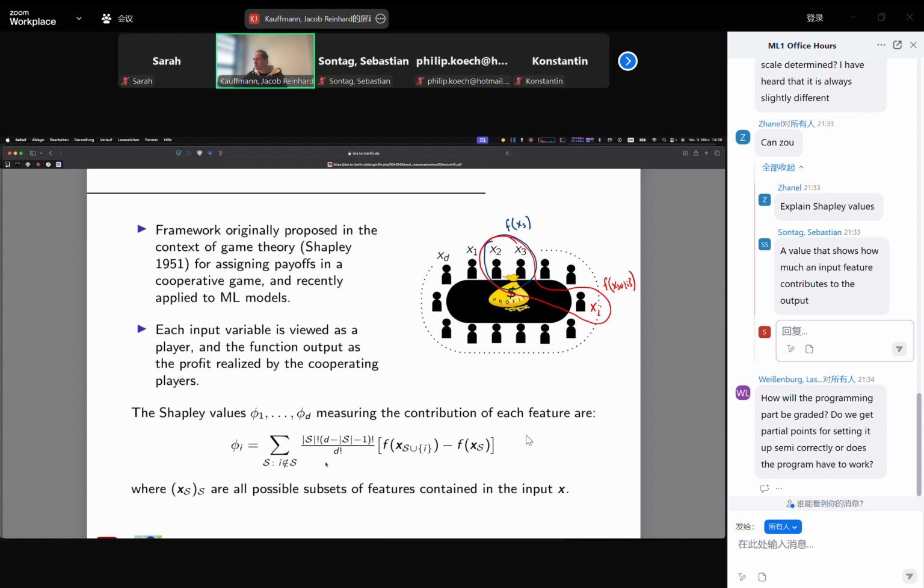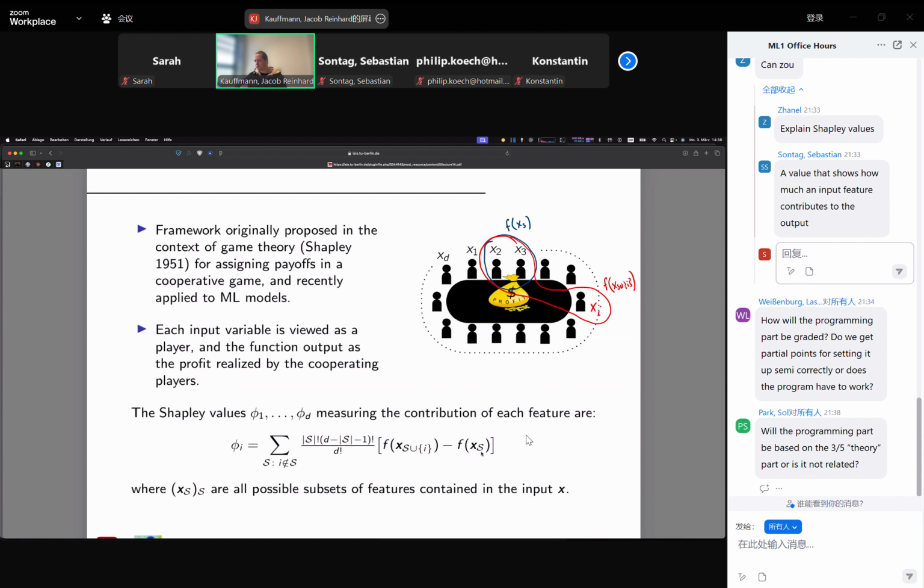There's this weighting term that involves some factorials. So there's a reweighting so that basically small coalitions have the same weight as larger coalitions. And you always compute the difference between including your variable i in the coalition or excluding it. This way you get an average over all possible subsets of variables: how much does the output function change by including or excluding one of the variables? And this is then your contribution, phi i.